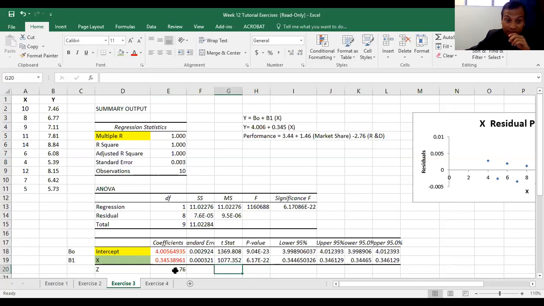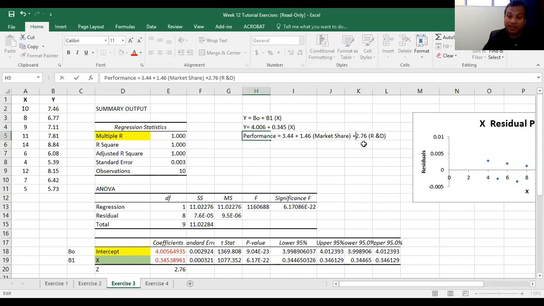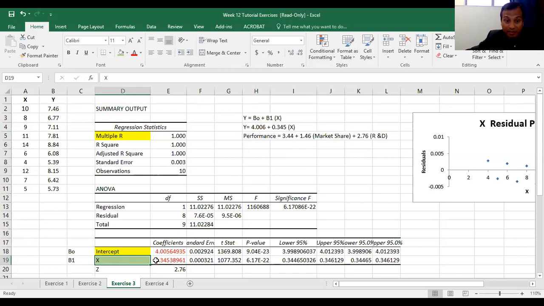But if that value is positive, no sign means positive sign, then I will consider it as a positive one. That's why I keep telling you that the sign is very important. Or maybe sometimes if the X value is negative, you have to put it negative. You have to look at the same sign and then put it in the performance.